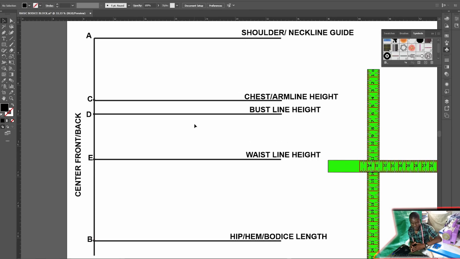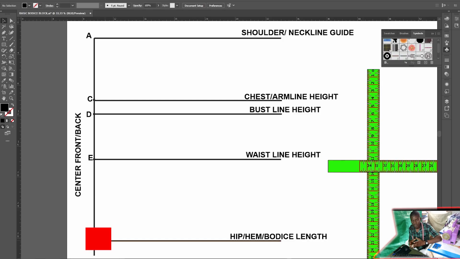Now, ladies and gentlemen, as you can see, we have finished determining our working lines, but the last line that we're going to insert is the hem allowance line. I repeat, hem allowance line, or the folding line at the bottom of the clothes or the bottom of this basic bodice. For this basic bodice block, we are going to add a hem allowance of 1.5 inches.